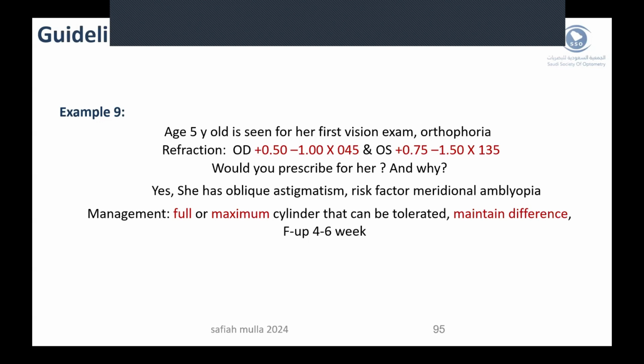Then I start to withdraw the method that I have, and also lengthen the interval of the visits for the child.